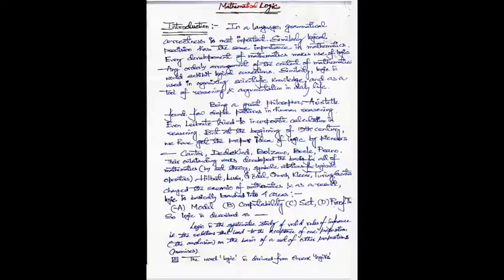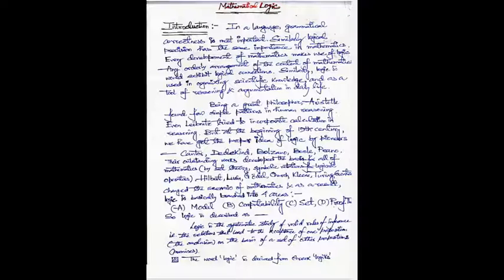Up to the 10th or 12th standard, we are familiar with set theory, but at the undergraduate level we have to know the other three parts of logic. So how can we define logic formally? Logic is the systematic study of valid rules of inference.